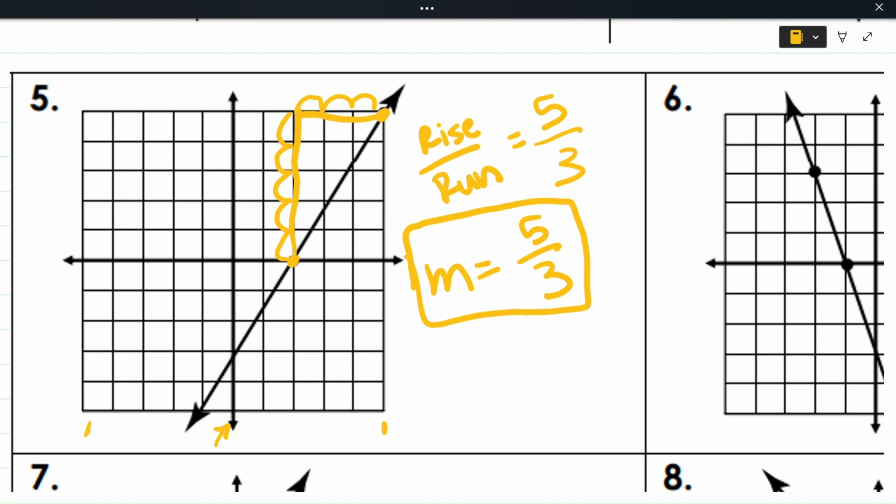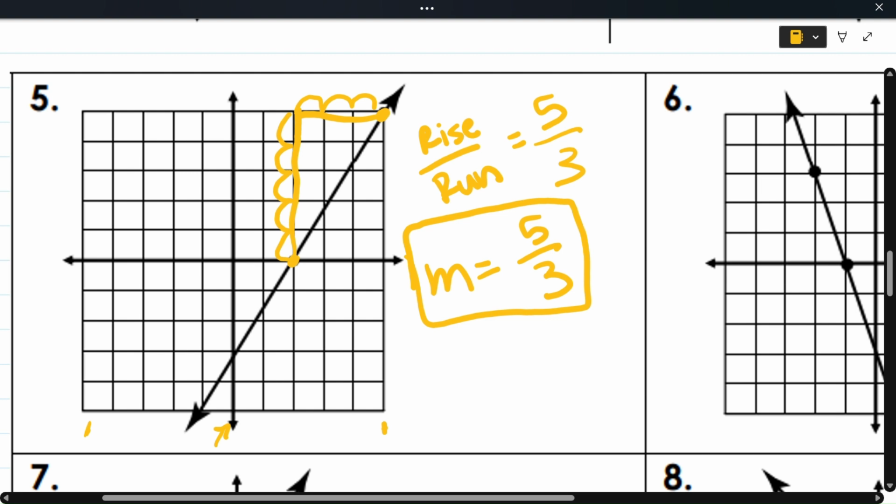Am I allowed to have improper fractions when I talk about slope? Yes. It's almost better to use improper fractions when it comes to slope, because if I were to turn this into a mixed number, so let's do it, 3 goes into 5 one time with 2 left over. If I wanted to recreate this, if I pointed a line and it was like draw another point, I'd have to go up 1 2/3 and then over 3.